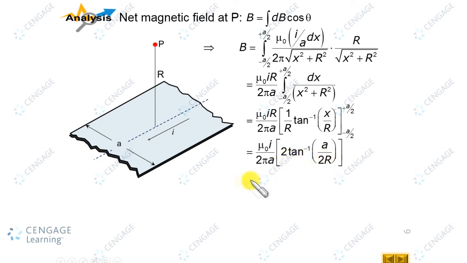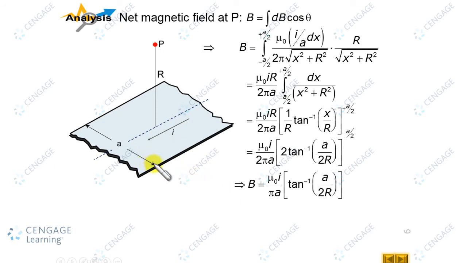This is the B equal to, now we can write B equal to mu naught I, this 2 and 2 will get cancelled. So we can write mu naught I divided by pi a, tan inverse a divided by 2R, right? Now let us consider the case of the infinite strip, because this strip is infinite from the front and back, but finite in the left and right side.